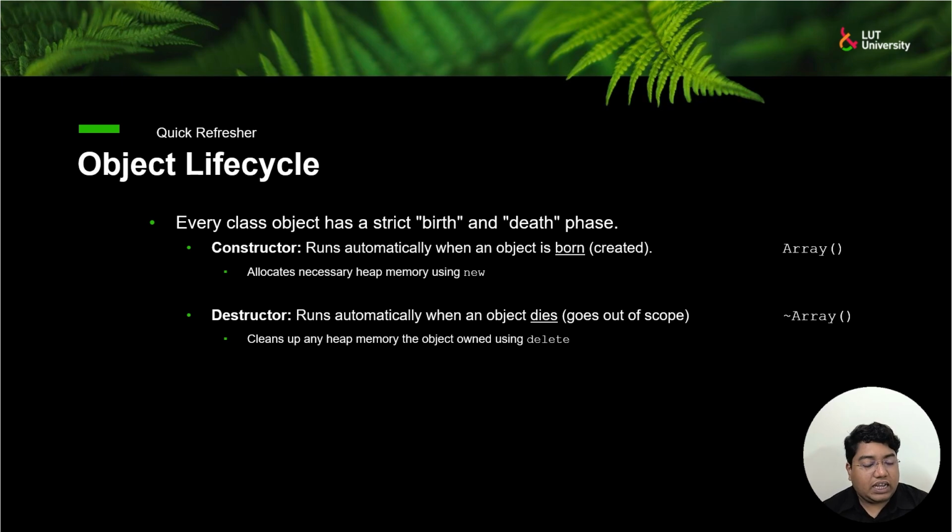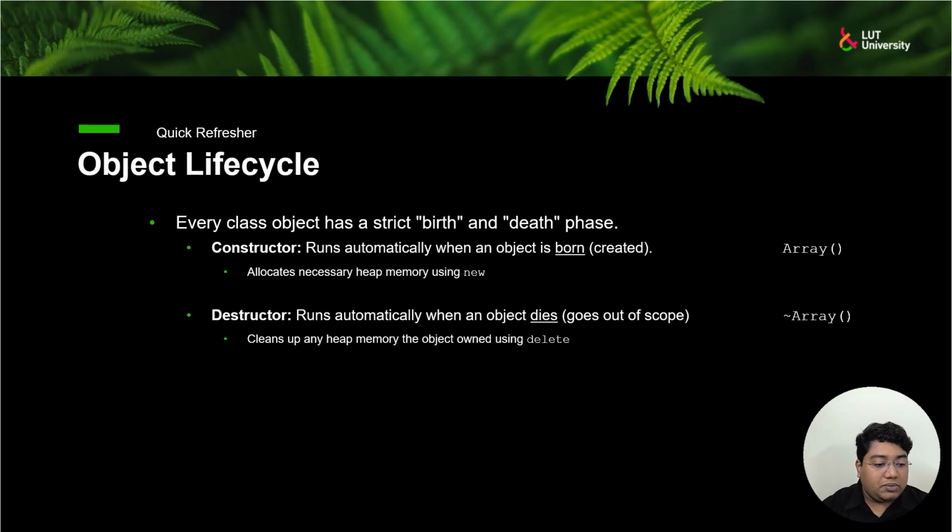Now let's connect that idea to class objects. Every object has a life cycle. It has a beginning and it has an end. When an object is created, its constructor runs automatically. If the object owns heap memory, the constructor is usually where that memory gets allocated with the new keyword.